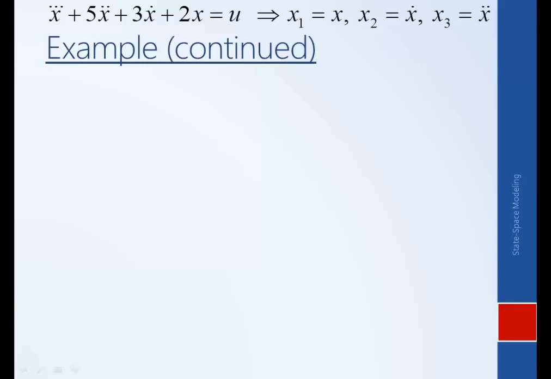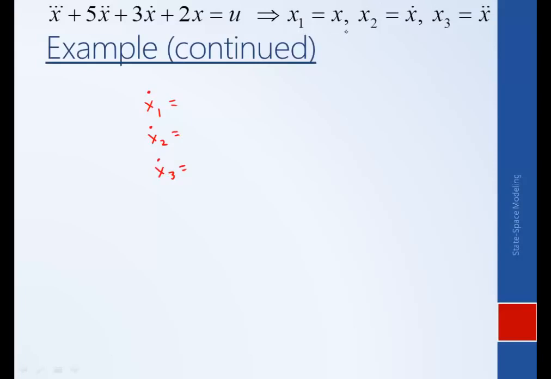We're going to do this change of variables in order to put it into state space form. For each of the state variables, we're going to have a single differential equation. So our first state variable, x1, we're going to have a differential equation for it. x2 will have its own differential equation, and x3 will also have its own differential equation.